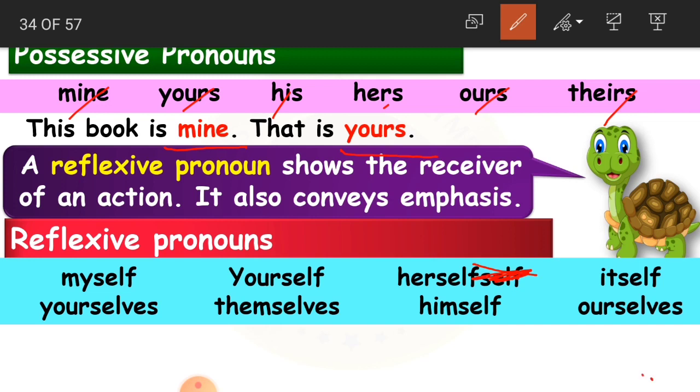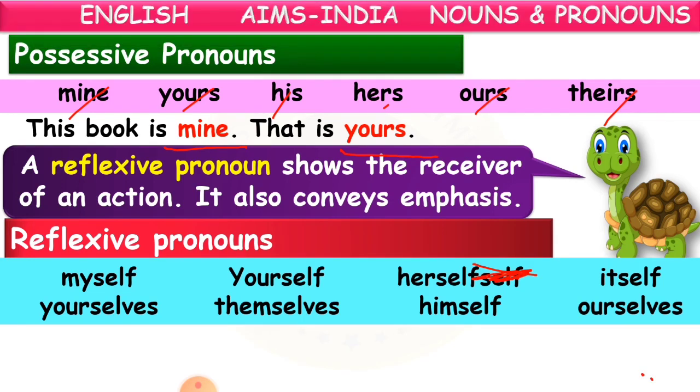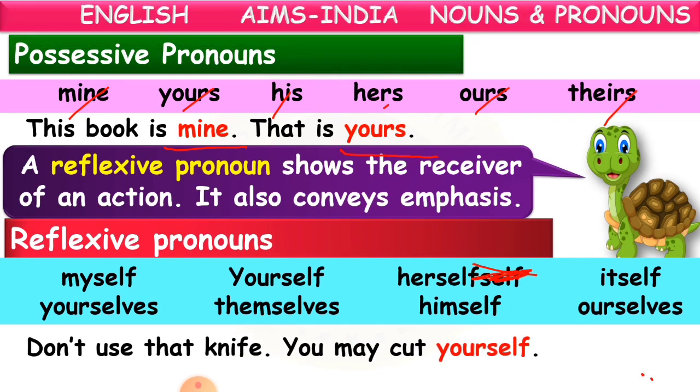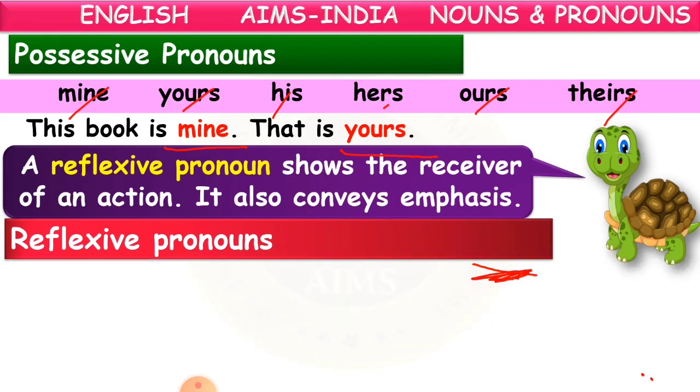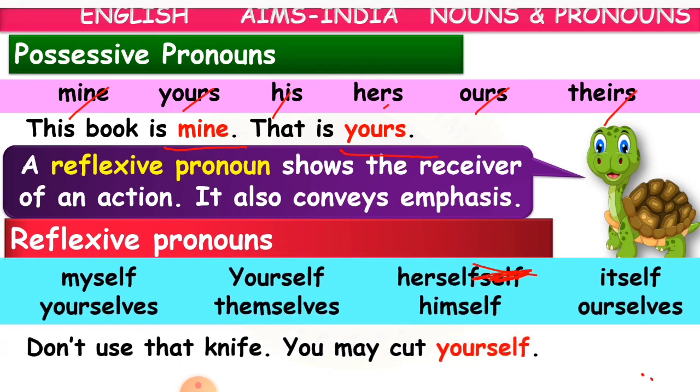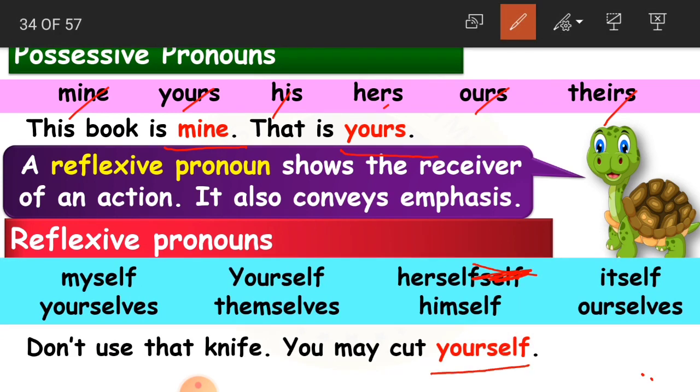So for example, here: Don't use that knife. You may cut yourself. So what is yourself here? A reflexive pronoun. Yourself is a reflexive pronoun here, and it shows the receiver of the action. Who is the receiver here?